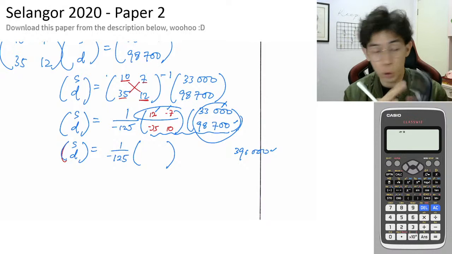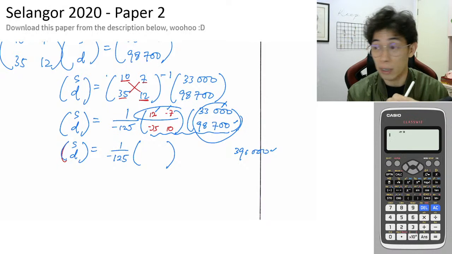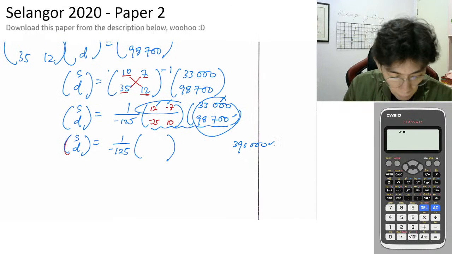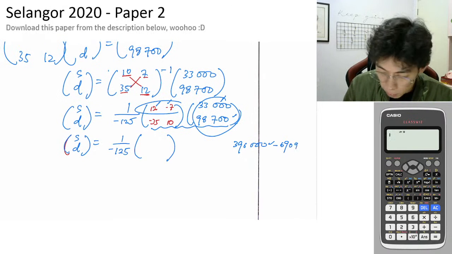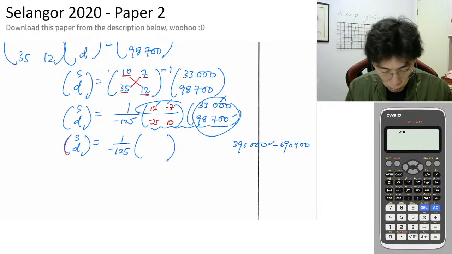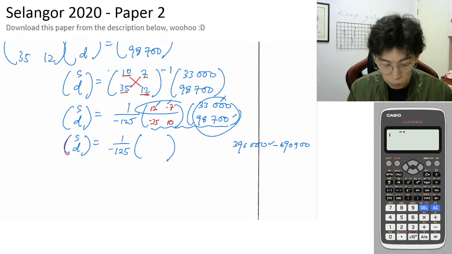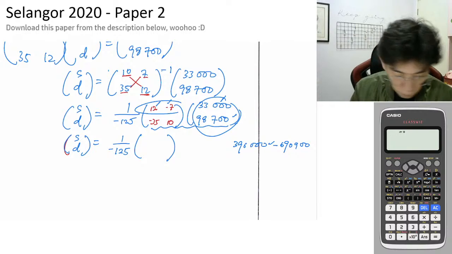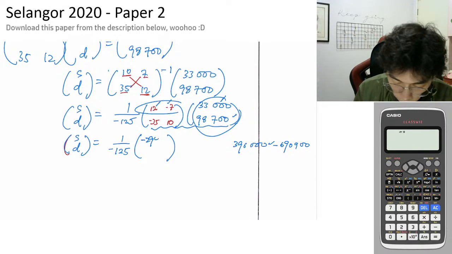The calculator shows negative 690900, right? The negative you follow, minus 690900. Okay, everyone, you can do it. Trust yourself. You prepared so long for what? Just for tomorrow. So this one you get negative 294900.